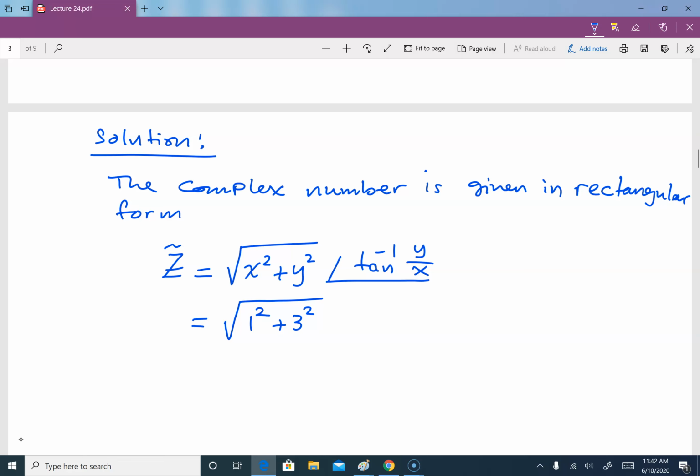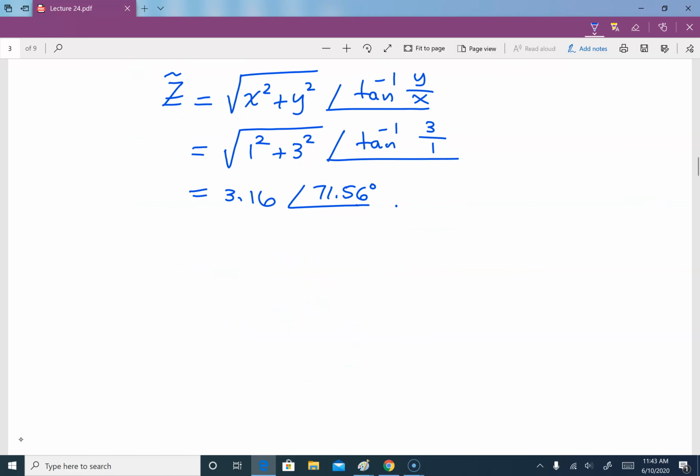So 1 squared plus 3 squared, and then the inverse tangent of 3 over 1, which is y over x. And that is equal to 3.16 with angle 71.56 degrees. That is in polar form.